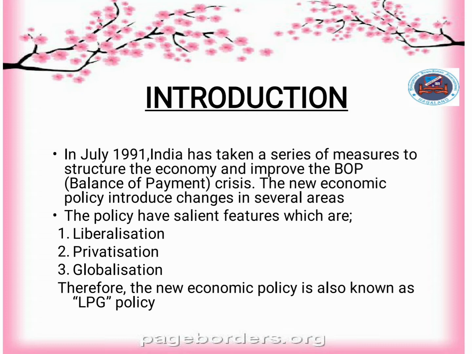All this led the government to introduce a new set of policy measures, which introduced changes in several areas. This policy started with salient features: liberalization, privatization, and globalization. Therefore, this new economic policy is known as the LPG policy.